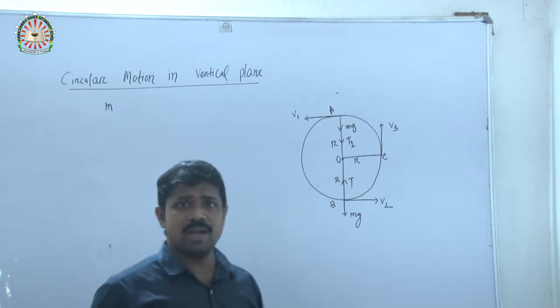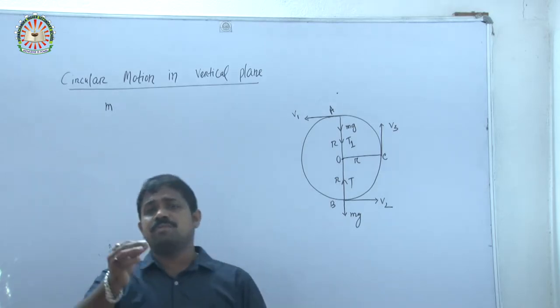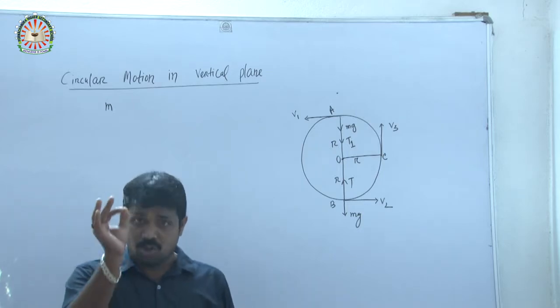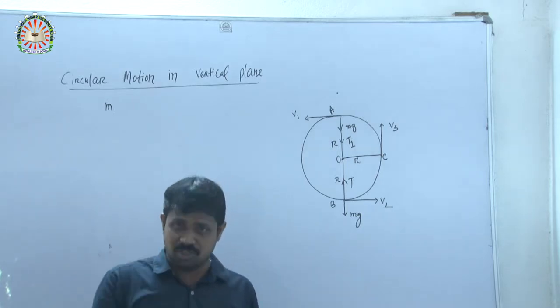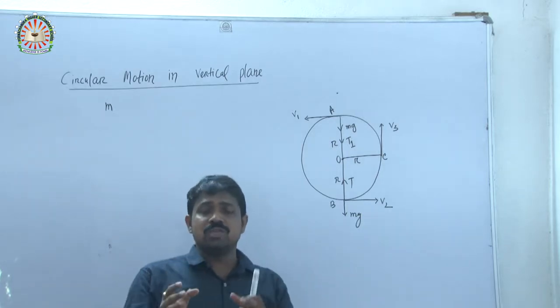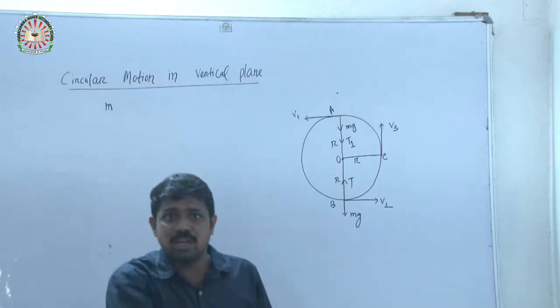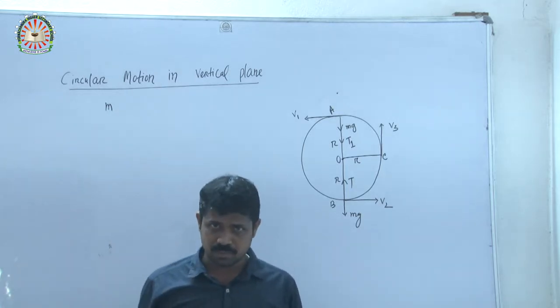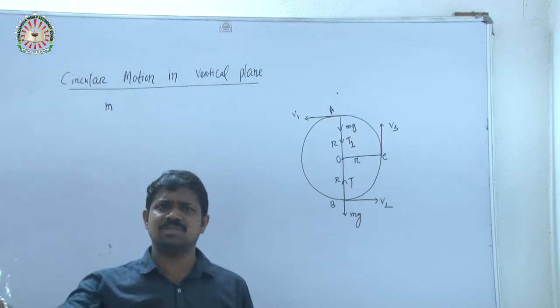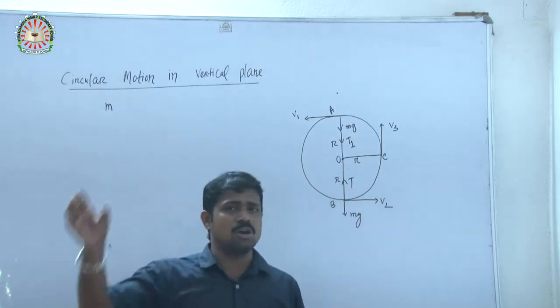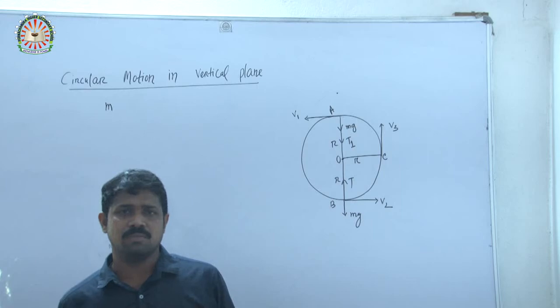Clear all of you? In the previous class we discussed centripetal acceleration. Due to this centripetal acceleration, the object is moving in a circular path. If the centripetal acceleration is absent, then the object cannot move in a circular path. Very simple.